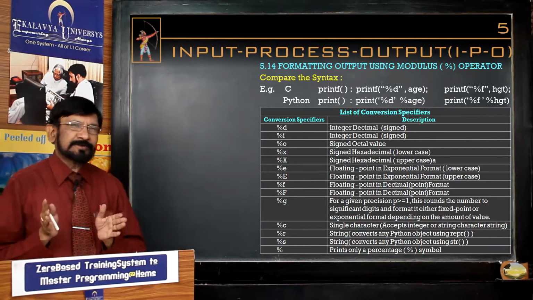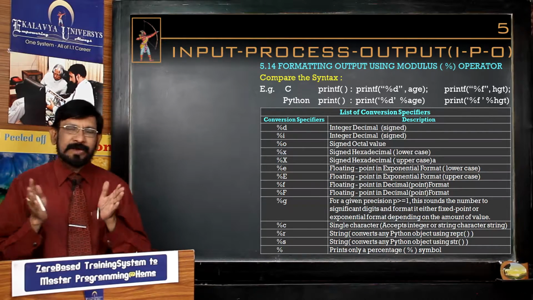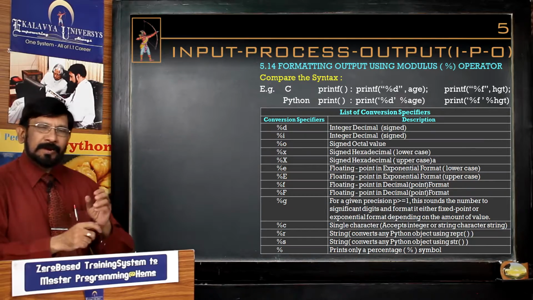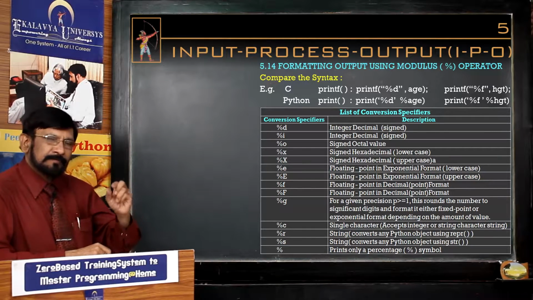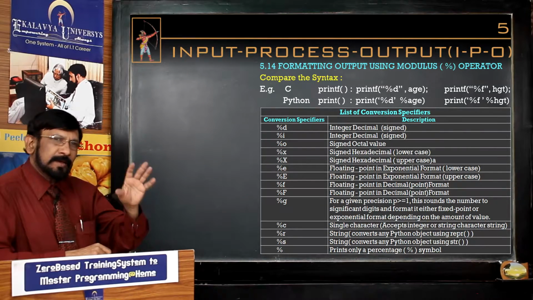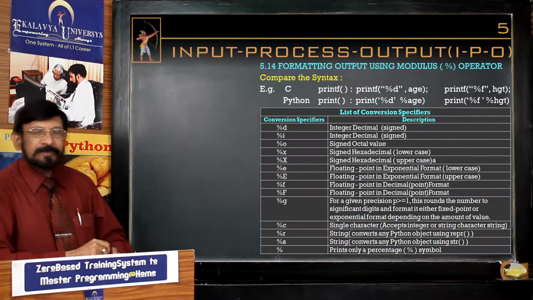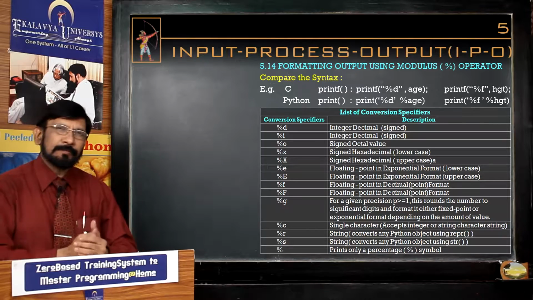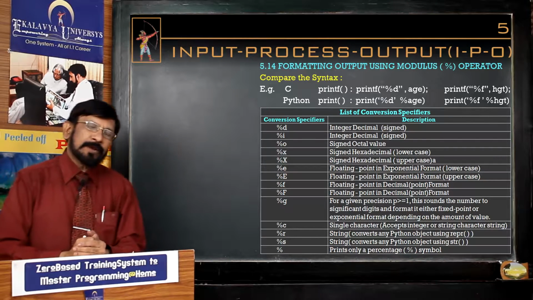Output means not just the result. Serving food means not dumping all items on the plate. You have to serve each and every item in an elegant manner. In the same manner, while you are producing the result of a program, you should format it properly.